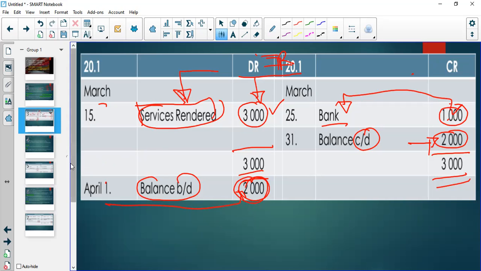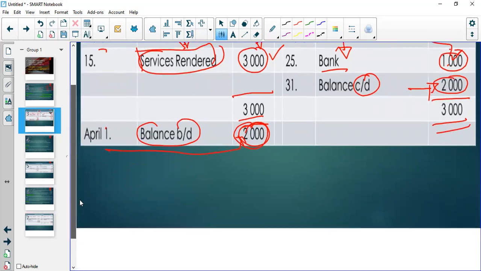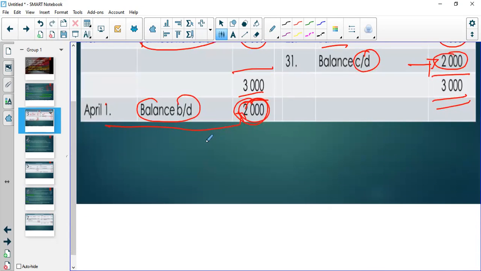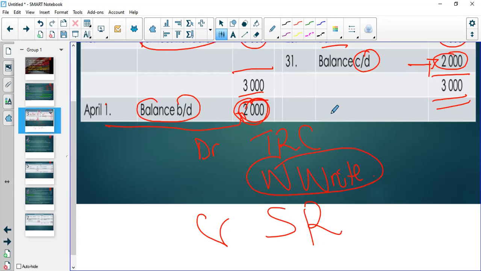So when we are doing the double entry in a credit transaction, remember we have to say debit trade receivables, right? We also debit W Right's account, right? And then we credit services rendered. Because W Right is the guy who owes us. We need to remember, if we just record in the trade receivables control, we won't be able to have anything under this guy's account.